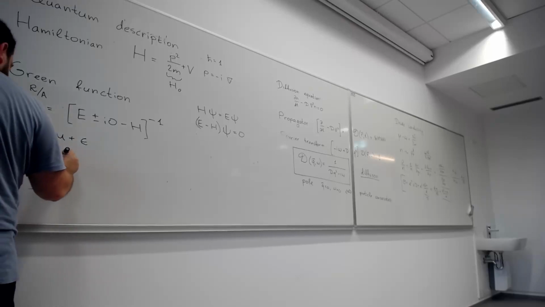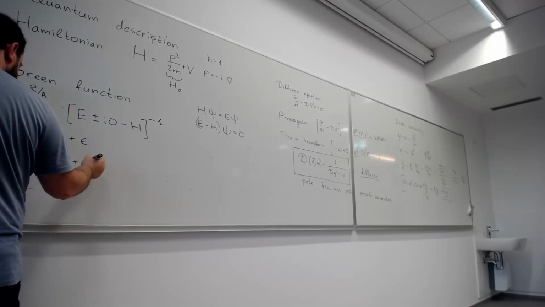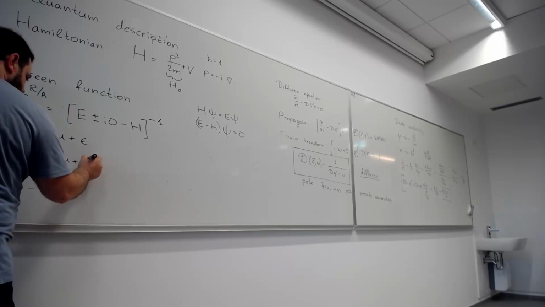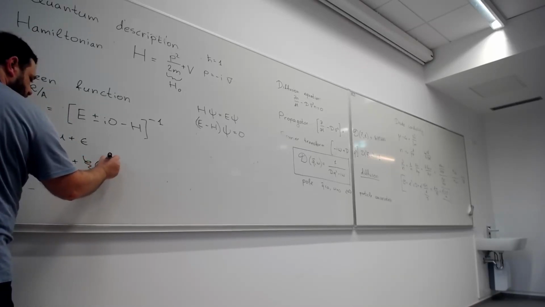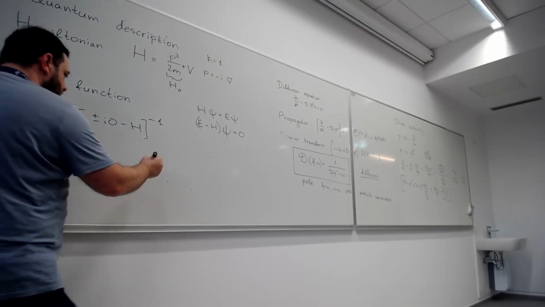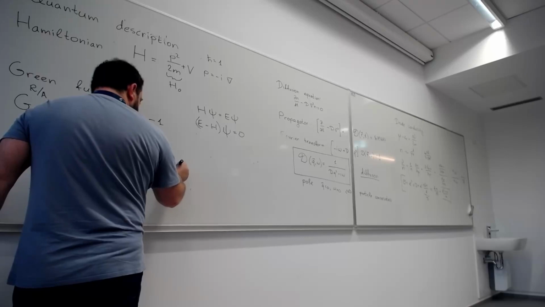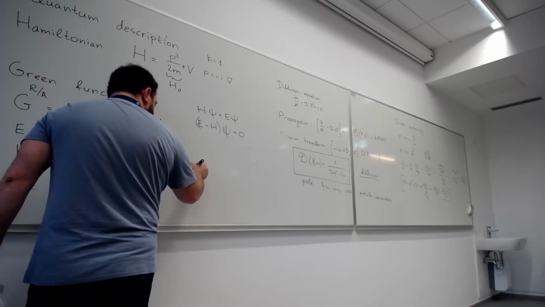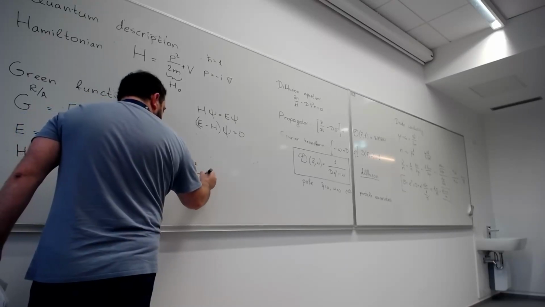So we will say that it's mu plus something that depends on momentum. We just shifted by a constant. This is the definition of epsilon, this is the definition of psi. So if you like, psi of p is actually p squared over 2m minus mu.